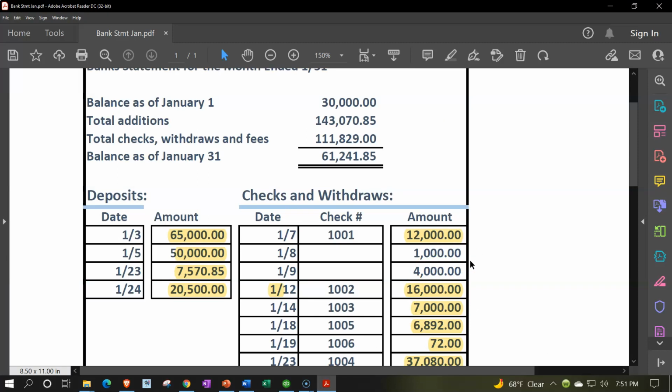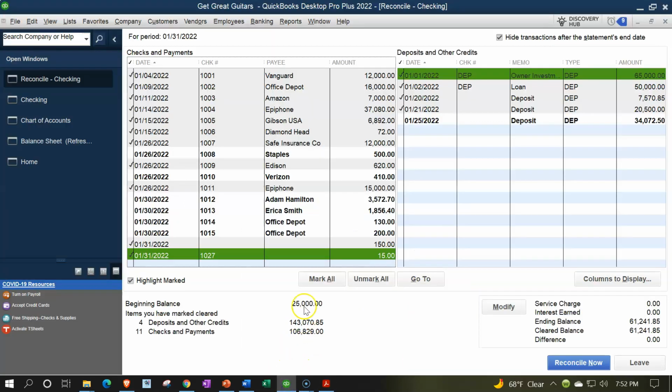And so we'll enter these two in the system, but we'll do so as of the prior period, because that's when we actually wrote those checks before the starting point of this current reconciliation. And then we'll net that out to the 30,000 that is here, or the 25,000 here, so that we can see the detail of what is happening with that reconciliation process.